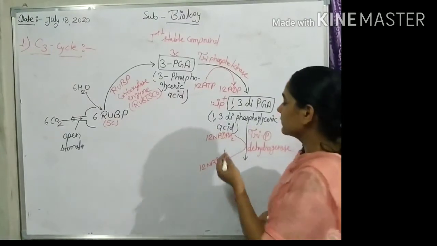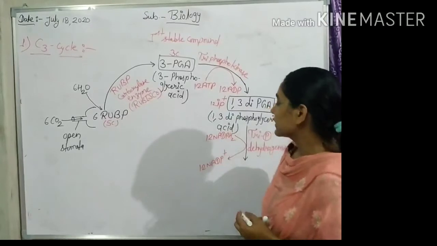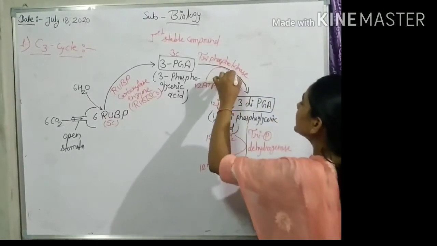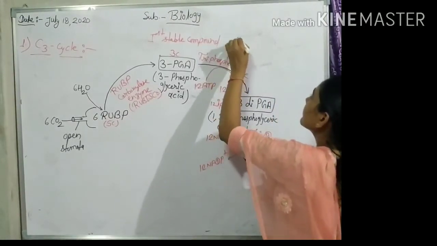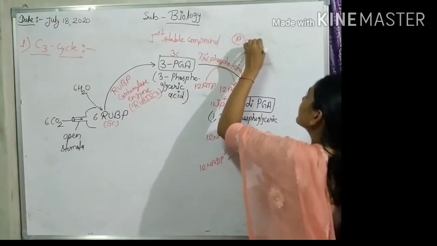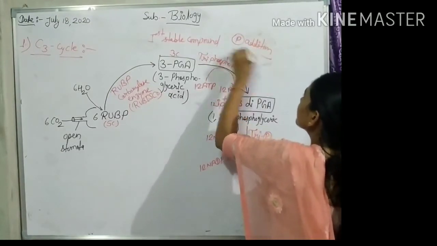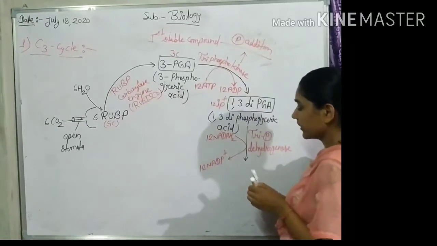Dehydrogenase enzyme is used in reduction reaction and kinase enzyme is used in phosphate addition. Okay.